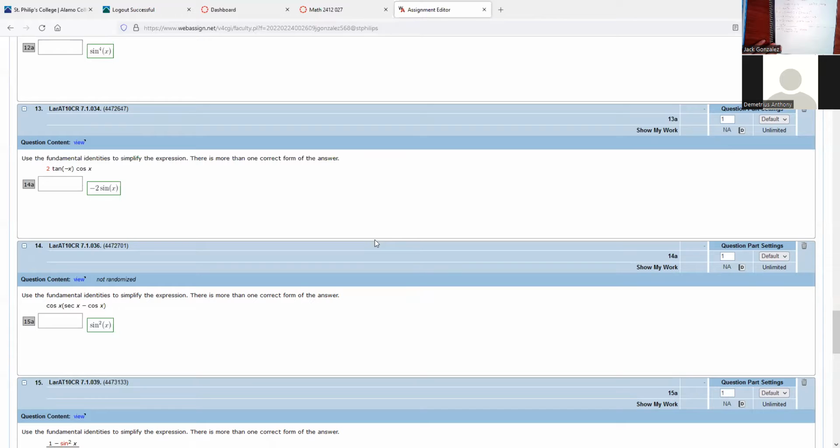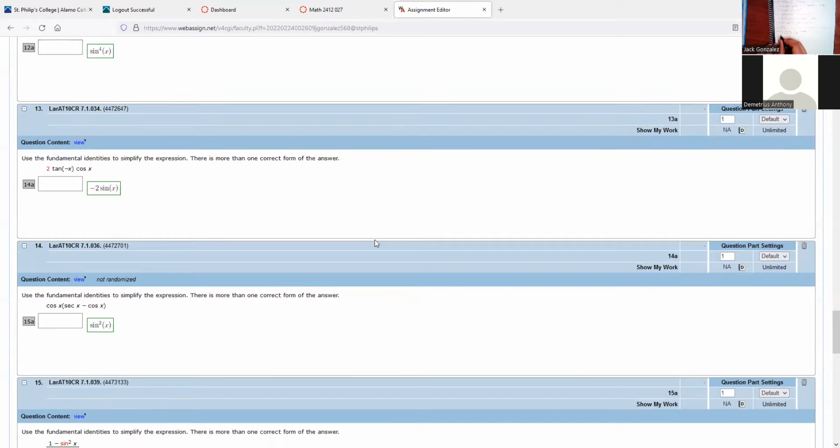So what do you think we should use? Which one? Yeah, quotient would be good. But first, we should probably deal with that negative x. When you see a negative x inside, you should think even and odd properties. So there's some subtle hints on what to do.